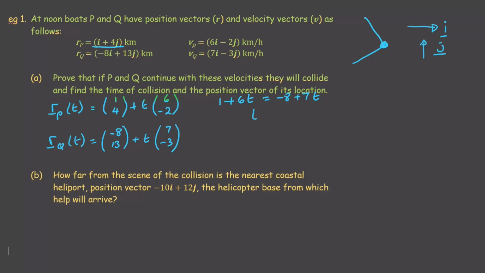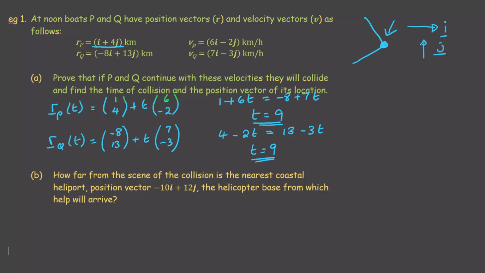And that gives me t is equal to 9 if we solve that. Then for the j's, we need to check that that works. 4 take away 2t would be equal to 13 take away 3t. And that also gives me t is equal to 9. So they are at the same position at the same time.